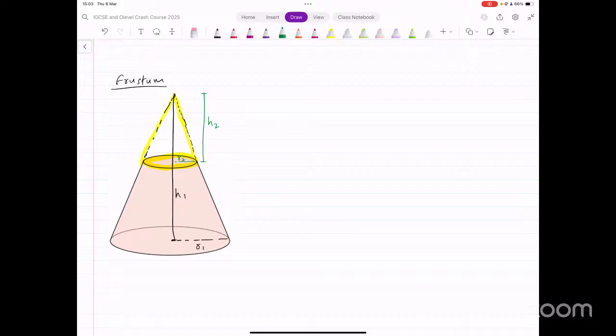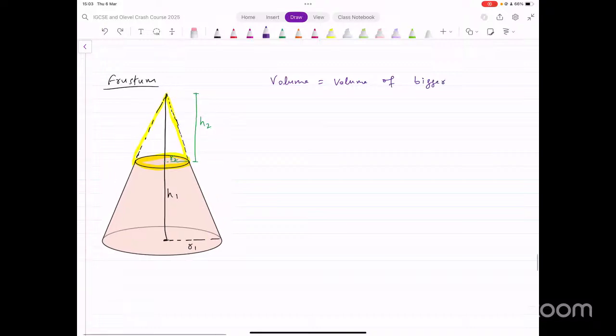If you had to find the volume of this frustum, you would say it's equal to the volume of the bigger cone. You find the volume of this bigger cone, and you subtract from that the volume of the smaller cone.